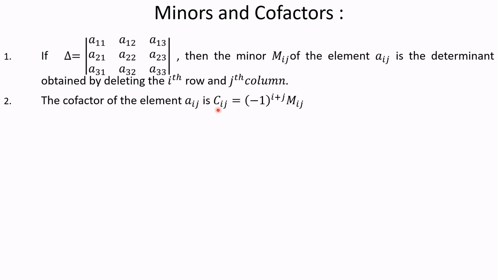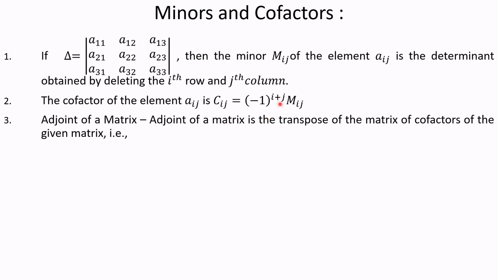Similarly, we can find Cij for any other element. Let us take another example, A23, where i is equal to 2 and j is equal to 3. Therefore, C23 equals minus 1 to the power of 2 plus 3, that is 5, into M23. This is the representation of the cofactor and minor.